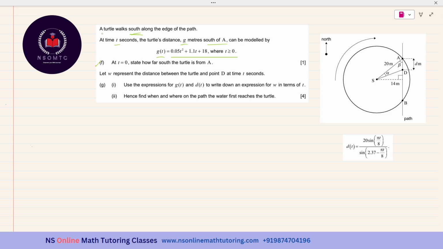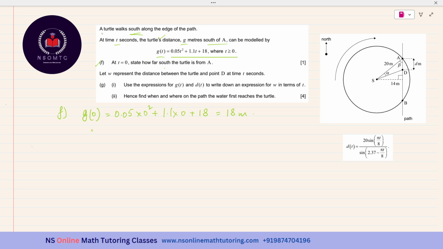The question is, at t equal to 0, state how far south the turtle is from E. So g is the distance where the turtle is situated south of E. At t equal to 0, the distance will be g of 0 equal to 0.05 times 0 squared. You do not have to write so many things for 1 mark. I'm just showing how you are getting this value. Equal to 18 meters.